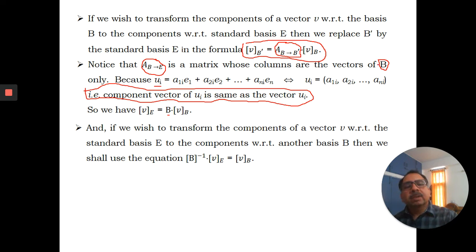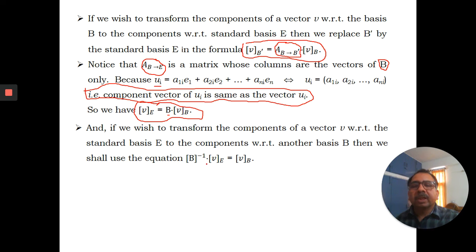देखिए पहले हमने क्या किया है कि अगर मेरे पास कंपोनेंट्स है विद रिस्पेक्ट टू सम बेसिस बी, तो मैं उसको कन्वर्ट करना चाहता हूँ कंपोनेंट्स इनटू द स्टैंडर्ड बेसिस, तो मेरे पास ये फॉर्मूला है. अब मैं कहता हूँ कि suppose I have given a vector whose components are written with respect to standard basis and I want to change the components of the same vector with respect to another given basis B. So what I will do is multiply by B inverse.